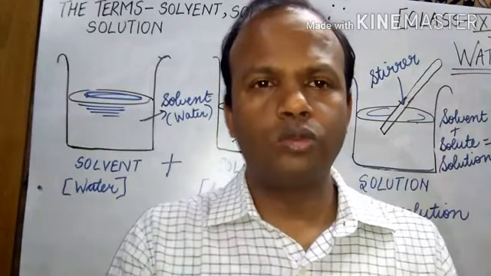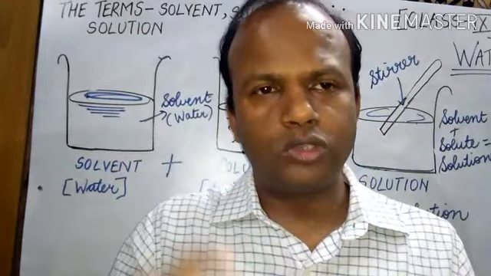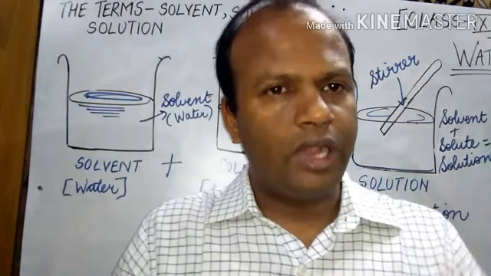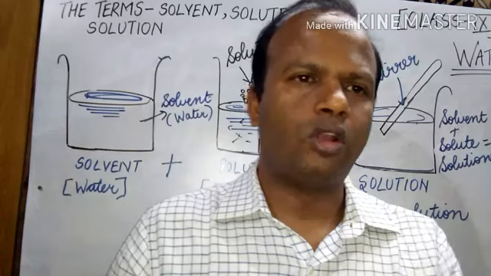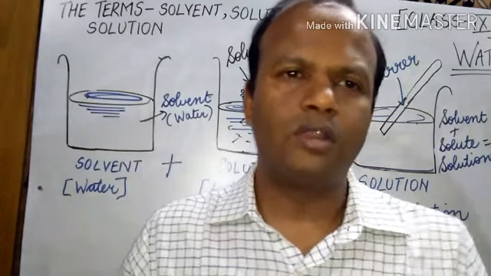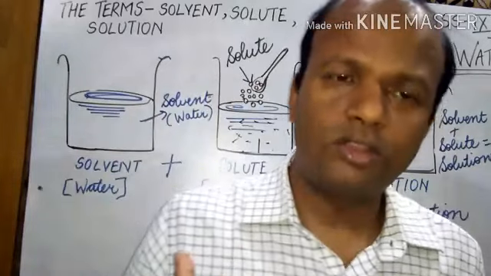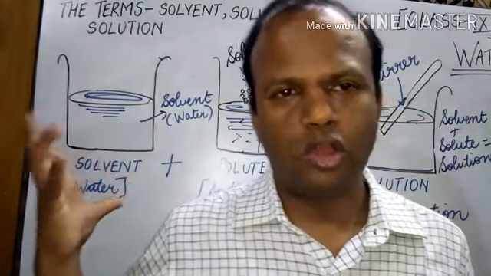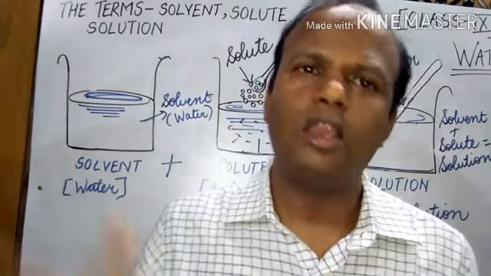So what I make you understand is that we can have types of solution on the basis of the different states of solute and solvent. Solid liquid, solid gas, and so on. But in this, what we have to study? We have to study the solid as the solute and the solvent as the liquid.